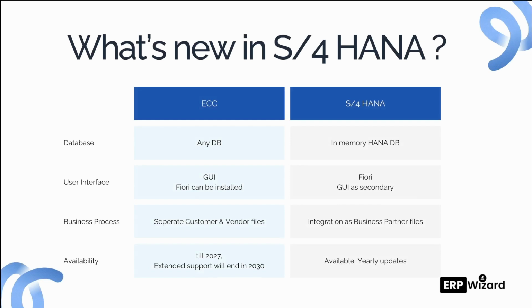So in the older system, customers and vendors were managed separately. You had a separate account for each. Even if one company is both a customer and a vendor, you have to manage it separately. So you need to have 2 records of the same company, which could make things a bit confusing and time consuming. S4HANA has simplified this and introduced the concept of business partners.